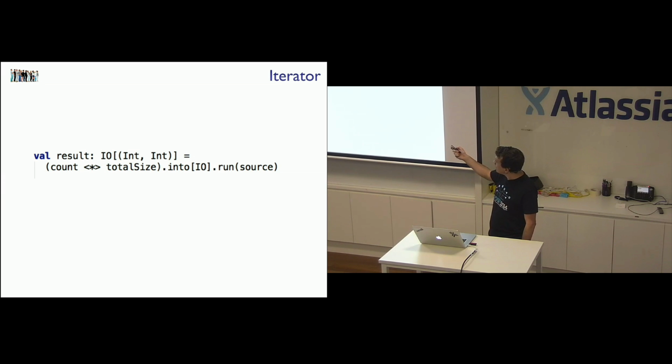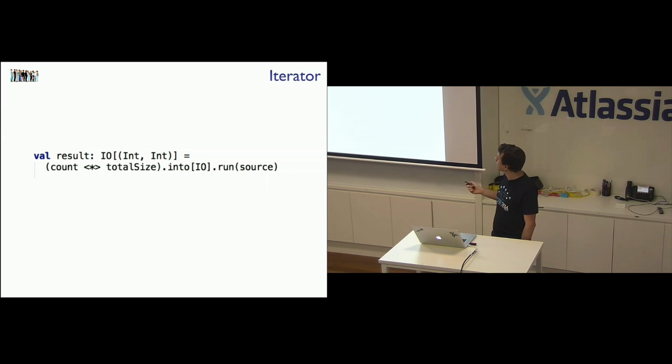The into method is going to transform a fold in ID, basically with no side effects, into a fold in IO using side effects. And as a result, when you call run, it doesn't run anything, it just returns an IO value with your results.